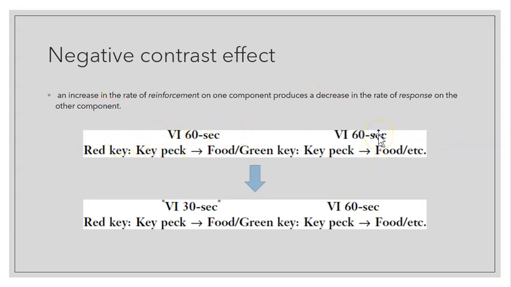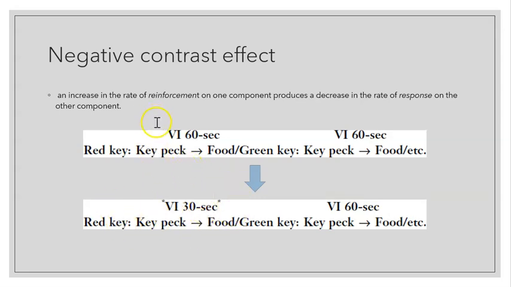Now, if we increase the rate of reinforcement, in other words, we take the red key and you're going to get food more often, so that's increasing the rate. So now we have a VI of 30. Okay, so as the VI decreases, the rate of reinforcement increases, so you're getting food more often.